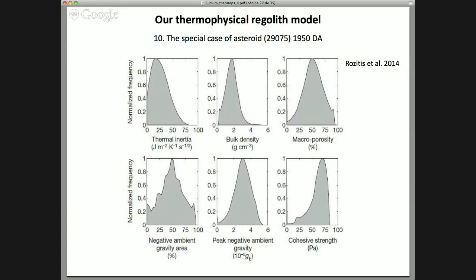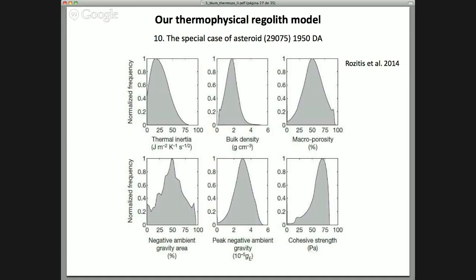So in this case of 1950 DA, thermal inertia between 0 and 75 is allowed. We tested 4 types of classes, M, E, C, S, and D, with a given porosity now, 50%. We found an agreement here, but not with the range of thermal inertia given.